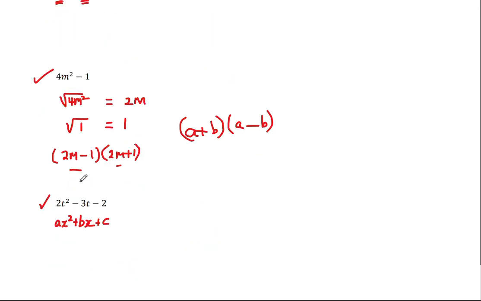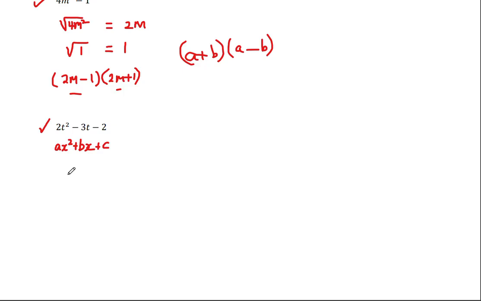To treat quadratic equations in standard form, we first multiply a by c, but we need to identify what is a, what is b, and what is c. In this quadratic equation, a, the coefficient of the variable squared, is 2.